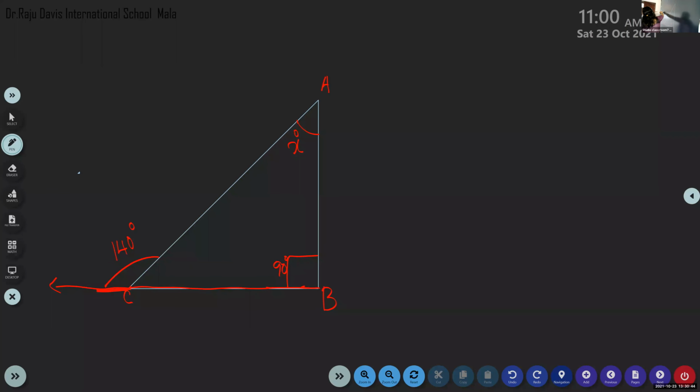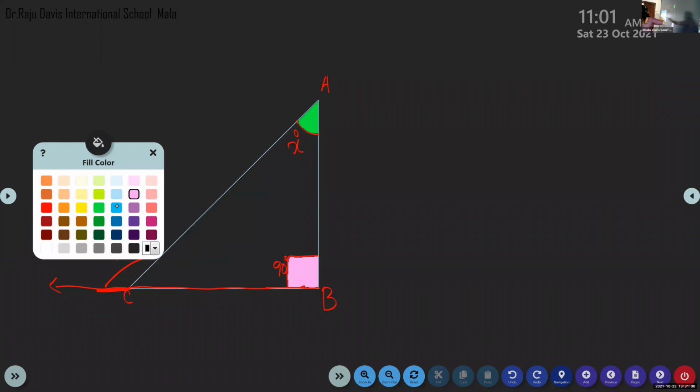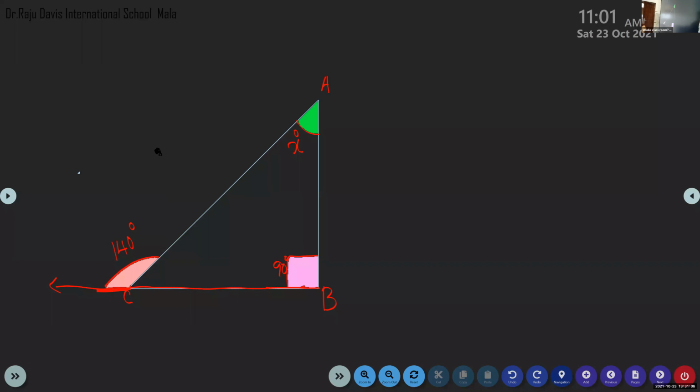So look at this. I'll fill it with color, otherwise it will not be good to see. We will fill it with green color, and this we can fill with some other color, children. These two angles. Look, the exterior angle is 140 degree.